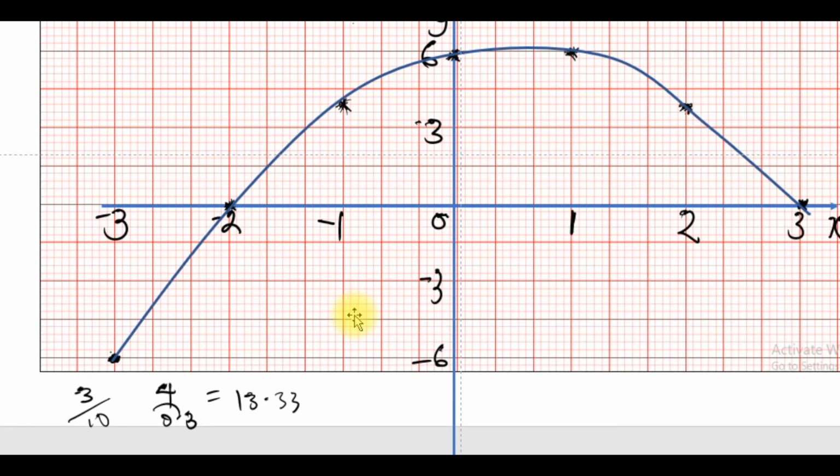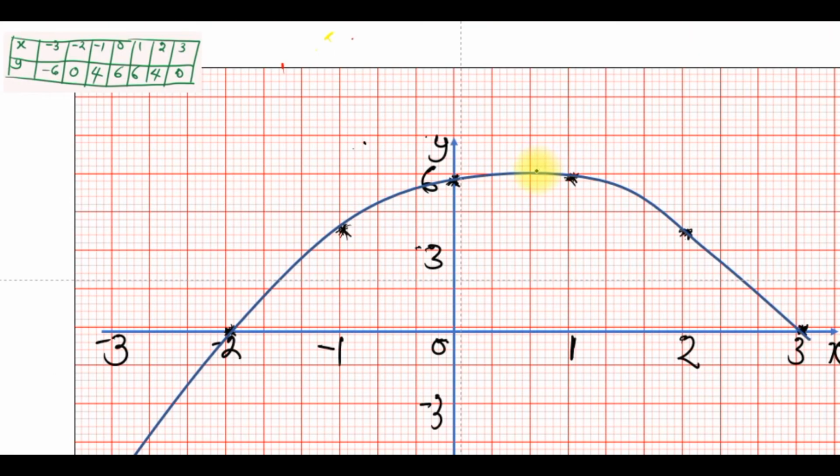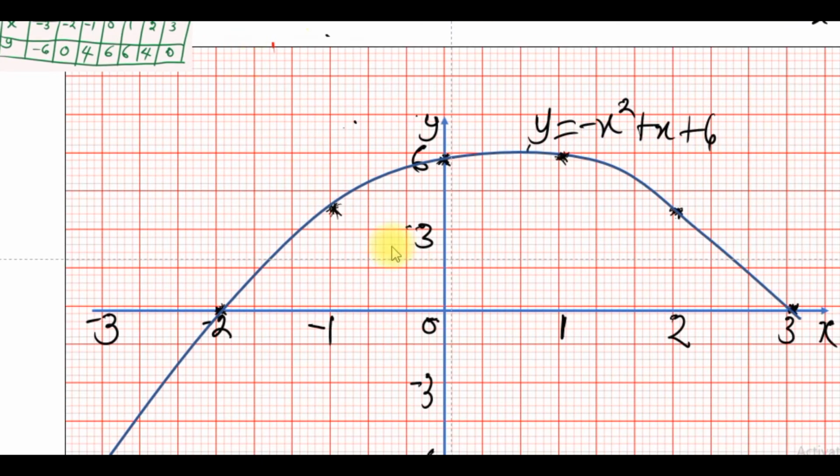So we need to write the name of the function. The next step is to name the graph. The function is y equals minus x squared plus x plus 6.